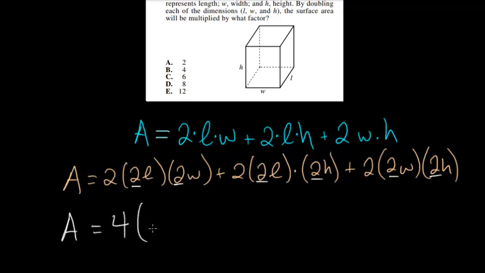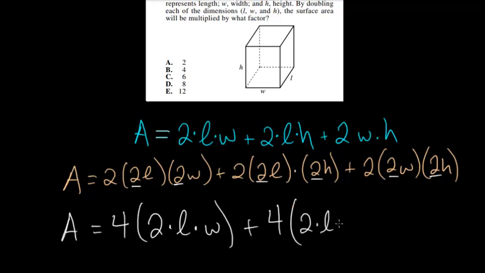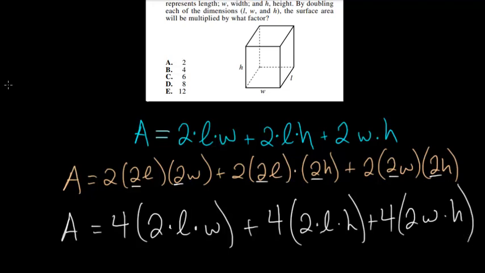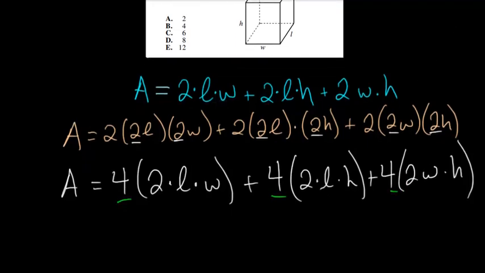So we have 4, and then we have 2 times the length times the width. And here we can pull out that 4, so we have 2 times the length times the height. And again, factoring out a 4, we have 2 times the width times the height. And notice that each one of these 3 terms here has that factor of 4 out in front. So since all 3 of the terms contain it, we can just factor it out.